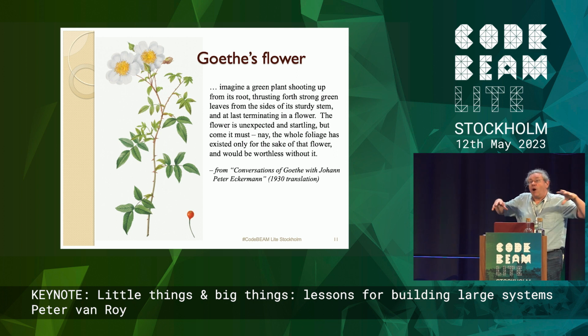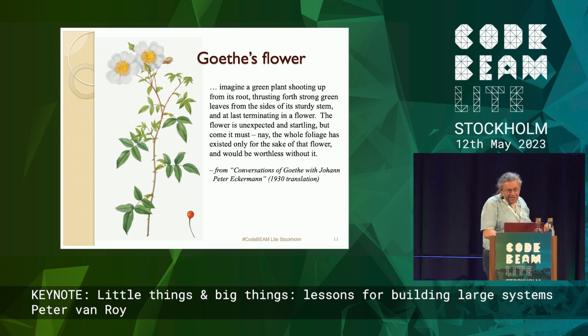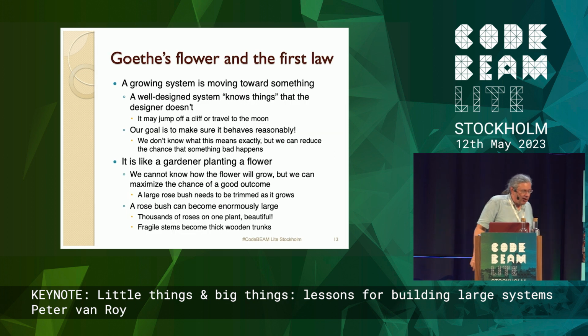So the whole thing, while it's growing, you see nothing until the flower appears at the end. That's a very interesting analogy where you don't actually know where you're going, but there is a goal. This is actually connected to the first law.